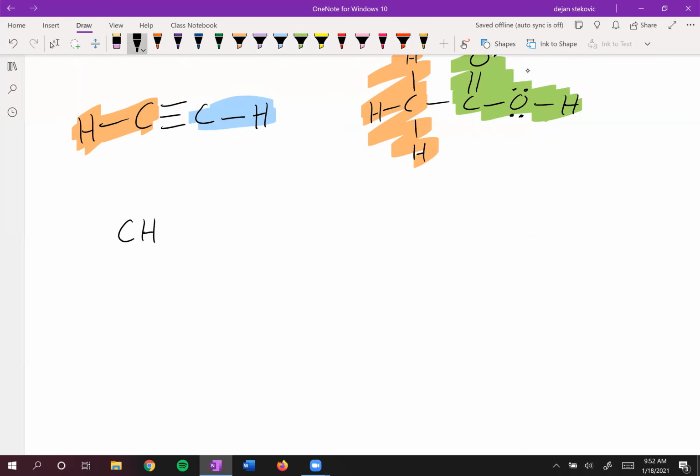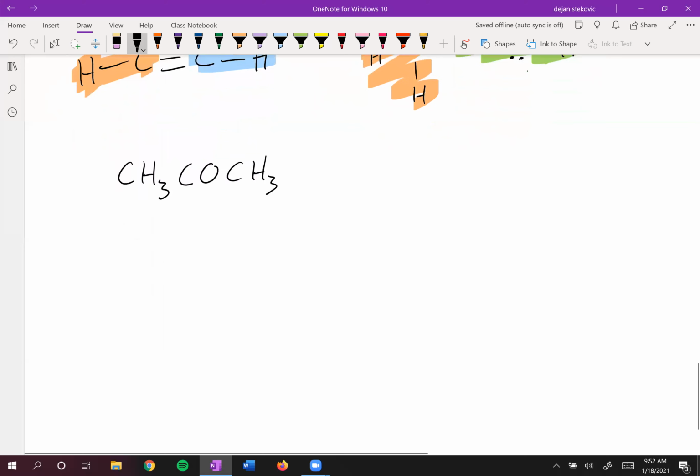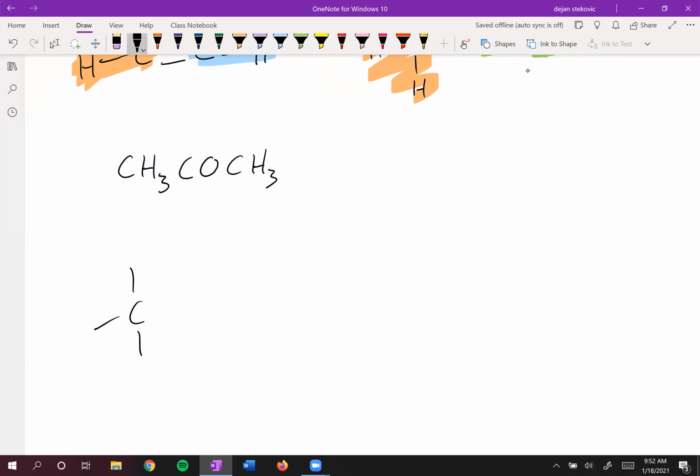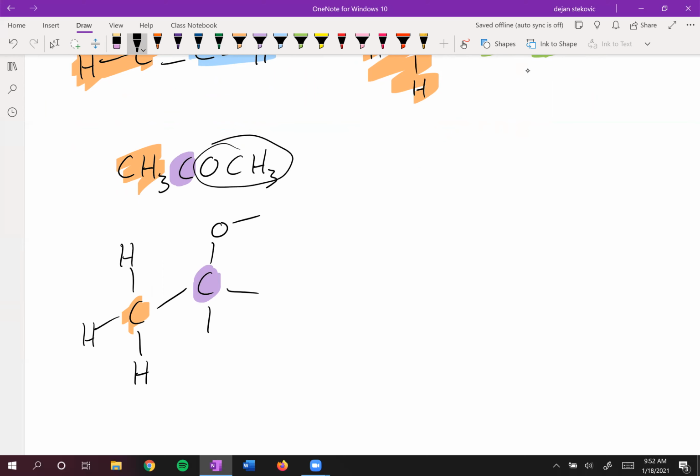Same over here, CH3, CO, CH3. So we have our carbon with 4 bonds connected to another carbon. And so then there's this component right here with our 3 H's. And then we have this carbon right over here connected to an oxygen, which can have up to 2 bonds. This carbon is going to have 4 bonds. And so then it might look like this CH3 is then attached to the oxygen.